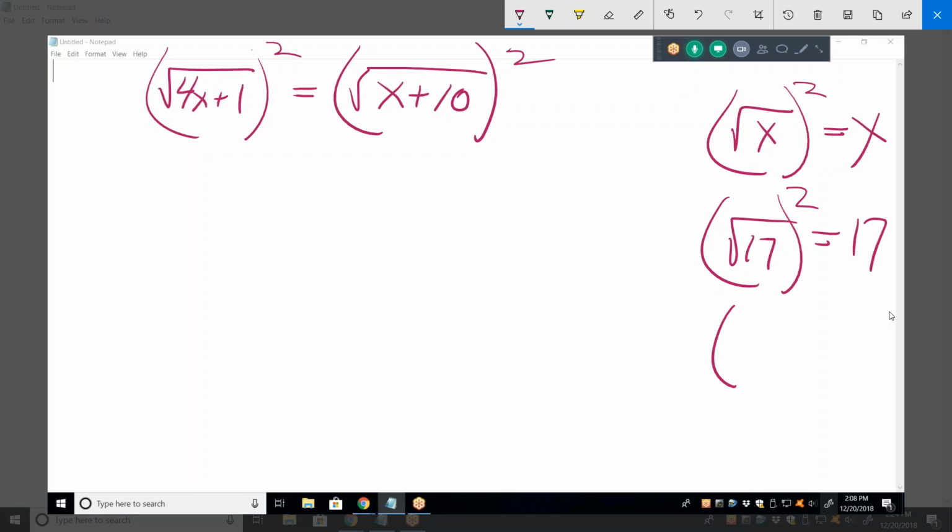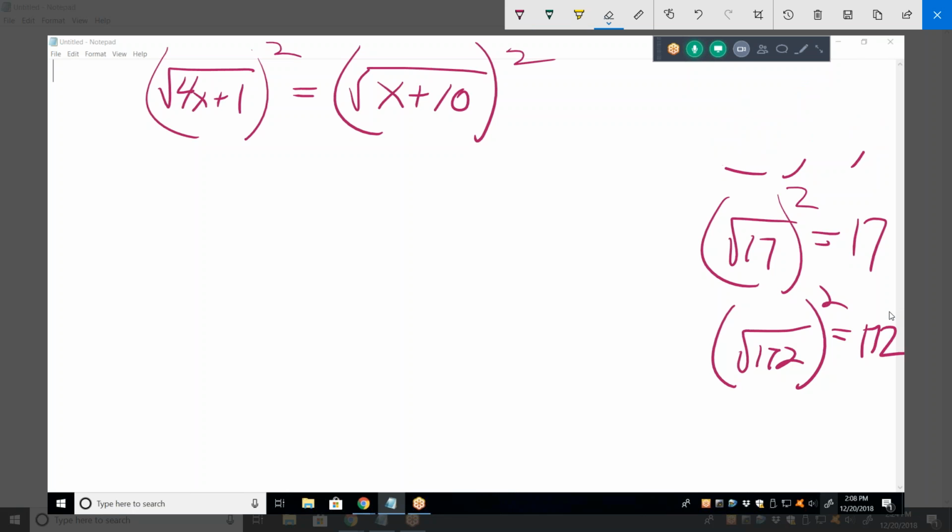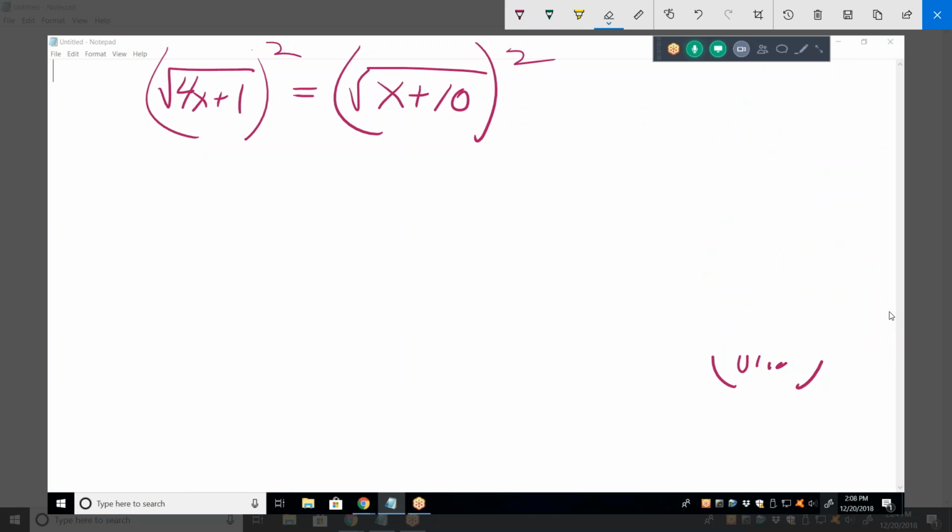If it's the square root of 172 squared, that's 172. So no matter what is inside the radical sign, if I square the whole thing, I get what's inside the radical sign. Always. That's the only way we can solve these kind of equations, is because when we square both sides, we get what?